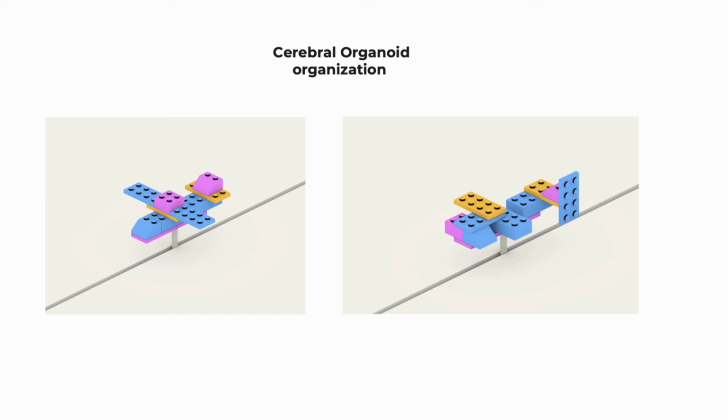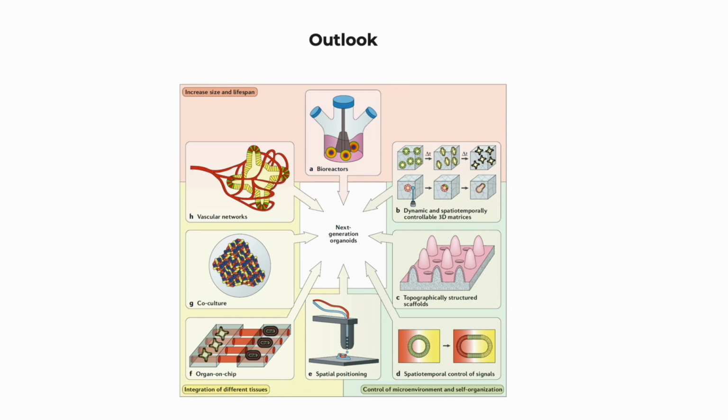So the outlook would be that we can improve, for example, the bioreactors where we grow them, or we can create vascular networks to supply them with oxygen. Some groups already showed that it's possible, and they're working broadly on that.